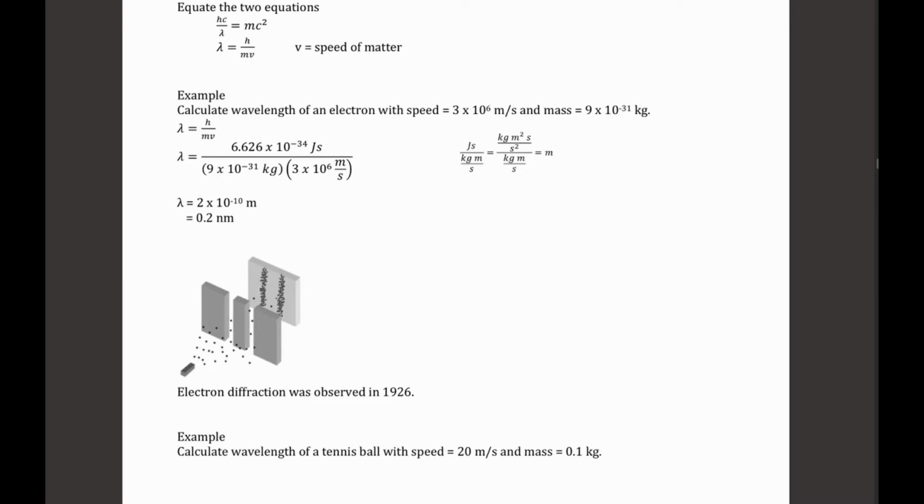It has to have wave properties. Maybe it has other properties too, but it has to have wave properties. So if we could get an electron diffraction pattern, that would be the experimental backup to this idea that electrons are wave-like. And yes, a diffraction pattern was observed in 1926.